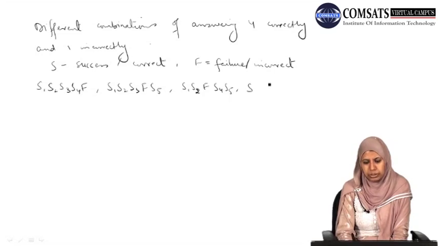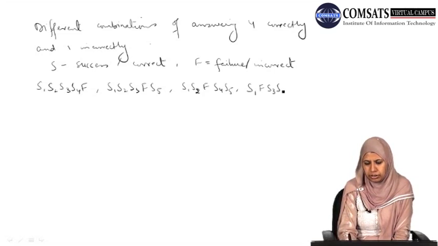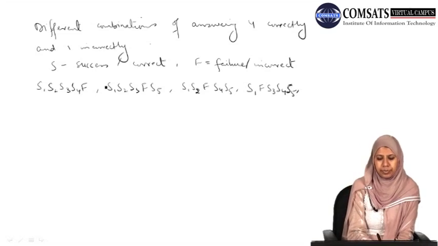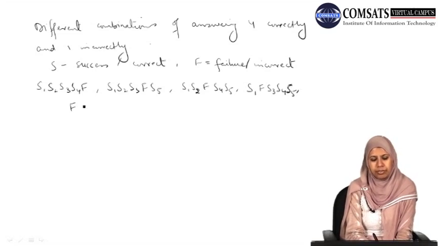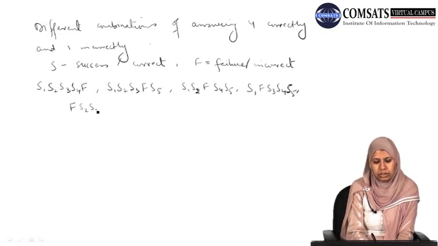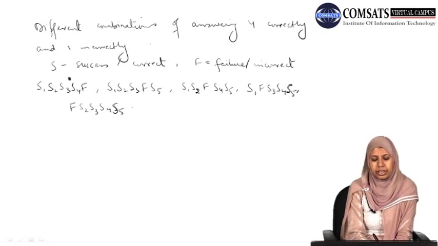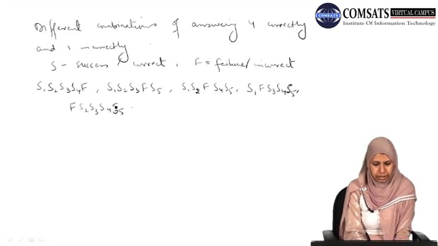Another possible combination will be if he has answered first question correct, second false, and the last 3 as correct. And we have one more possibility, that he has answered first question incorrect and all the rest of the 4 as correct.